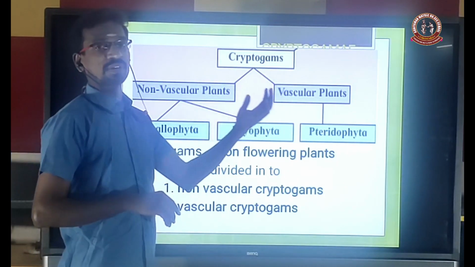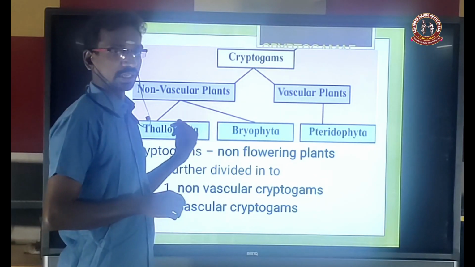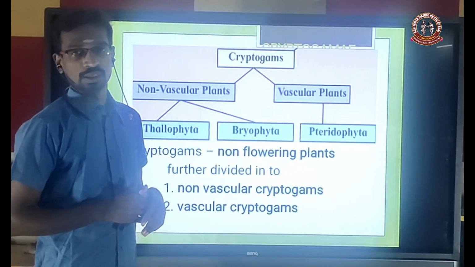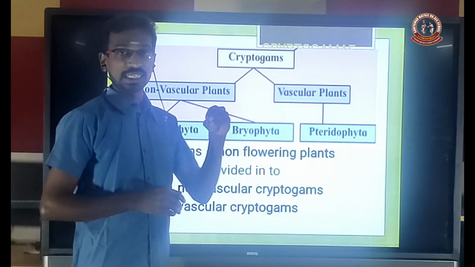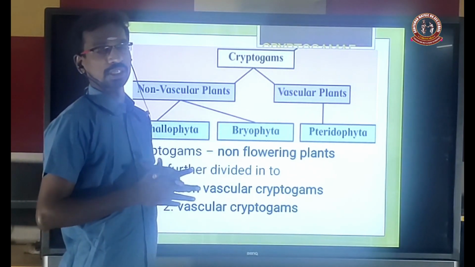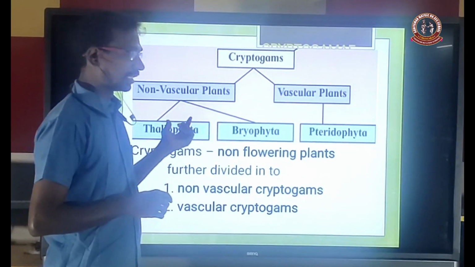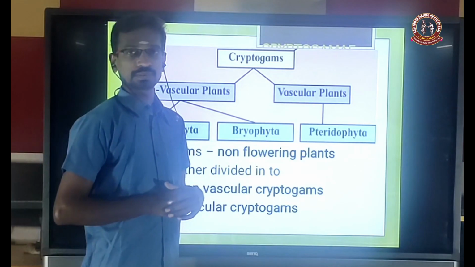This group of plants is classified under the non-vascular cryptogams. These plants are present inside the water or near water bodies, so they do not require conductive tissues. The non-vascular plants are further divided into Thallophyta and Bryophyta.